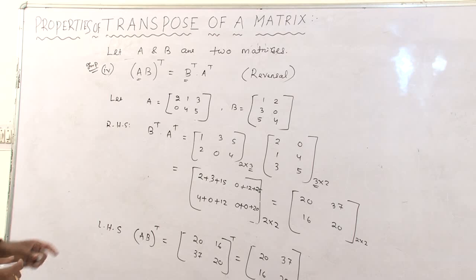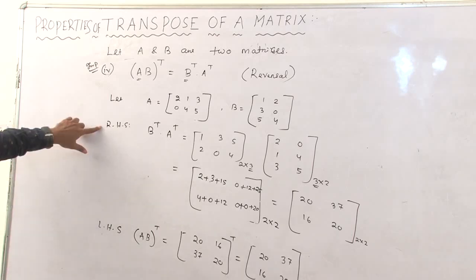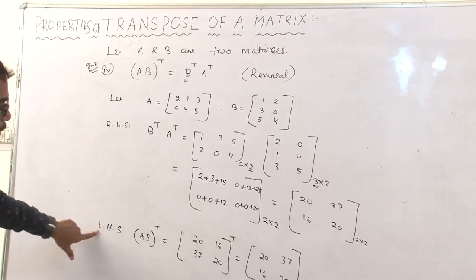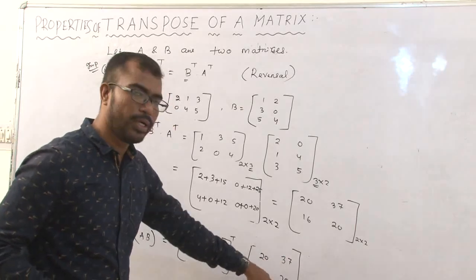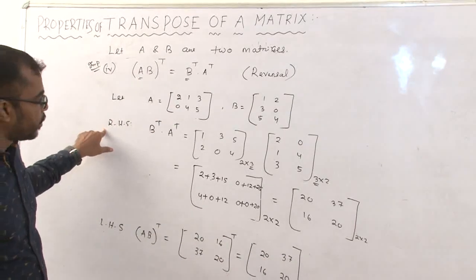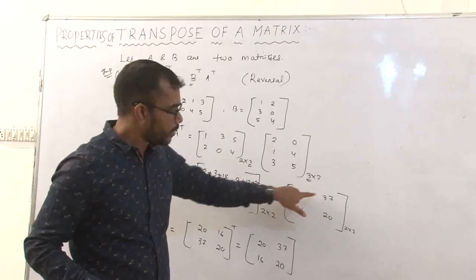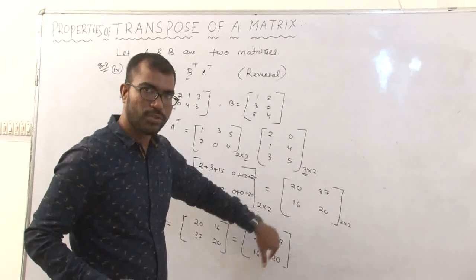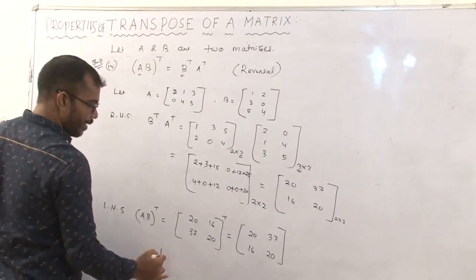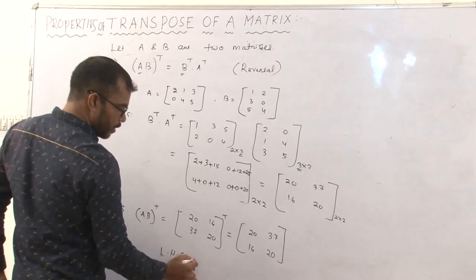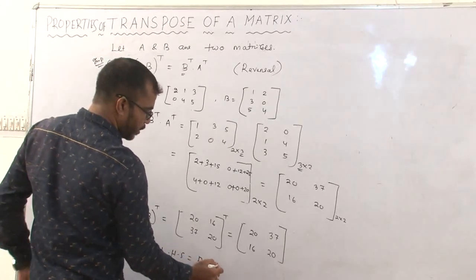Now check them. Is the left hand side equal to the right hand side? The left hand side is 20, 37, 16, 20, and the result of the right hand side is 20, 37, 16, 20. So these are equal. Here the left hand side is equal to the right hand side.